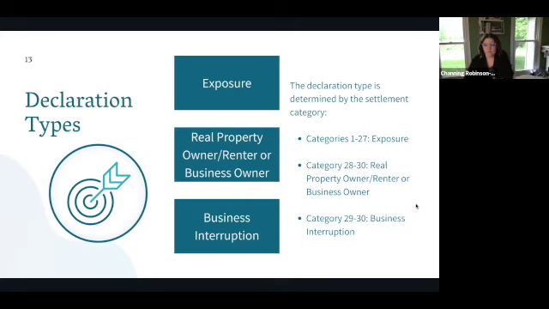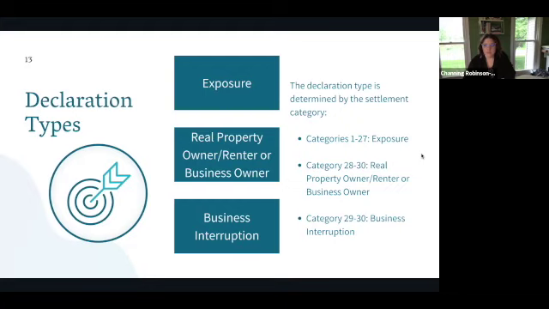Which declaration you complete and submit depends on the settlement category or categories that you selected on that claims form. So for example, if you selected categories 1 through 27 on that claims form, which again speak to physical harm that you suffered as a result of being exposed to the water, you're going to complete the exposure declaration.